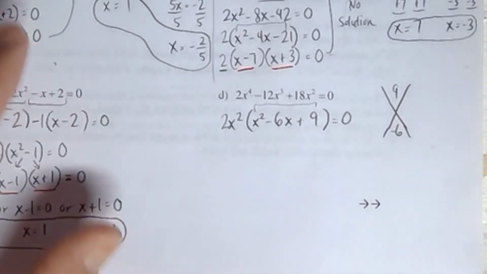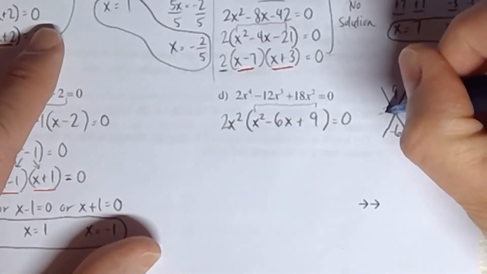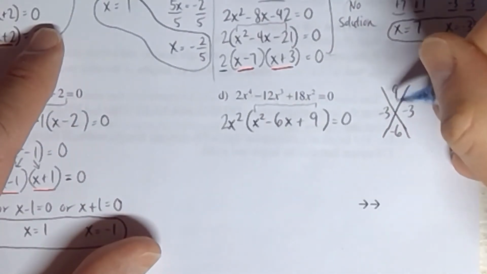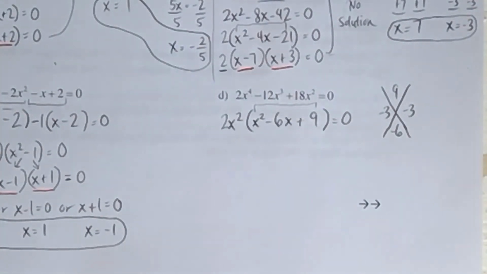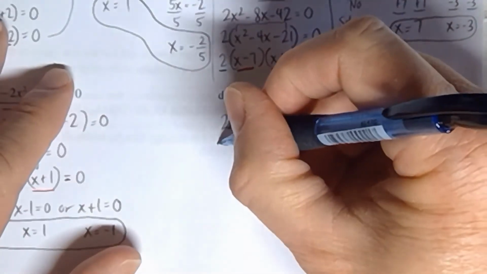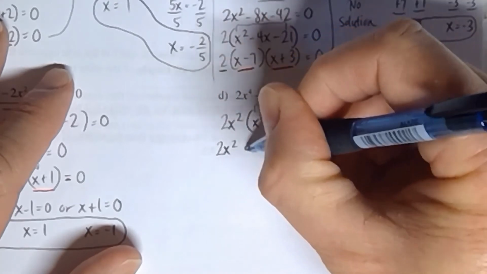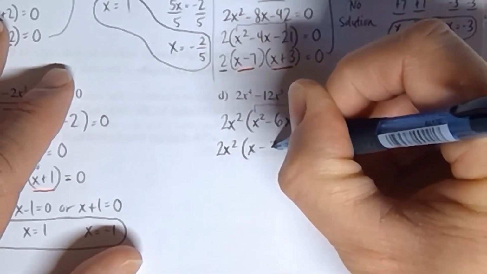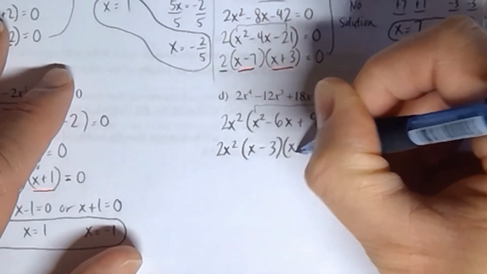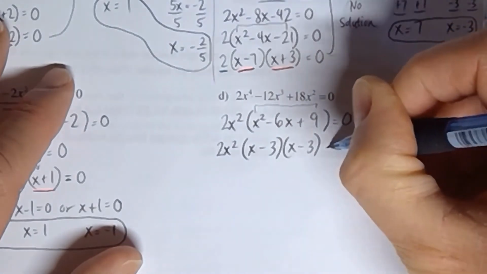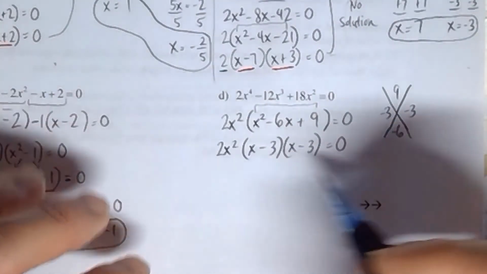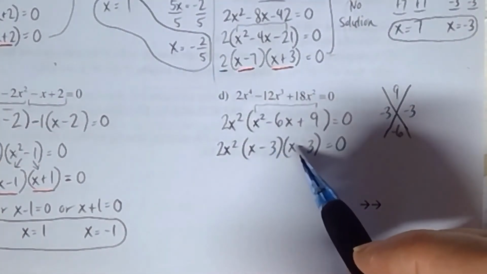What 2 numbers work for that? Wouldn't that be -3 and -3? They multiply to 9, but they add up to -6, don't they? And so finishing off my factoring, I get x minus 3, x minus 3. Putting the -3's in there with the 1x and the 1x.